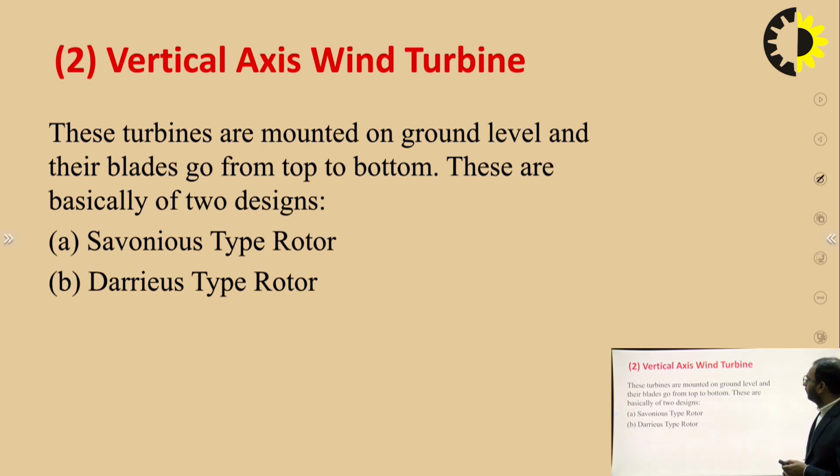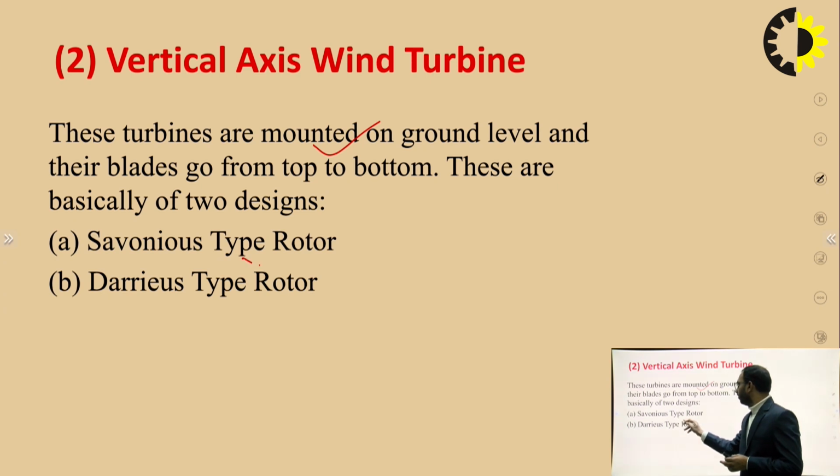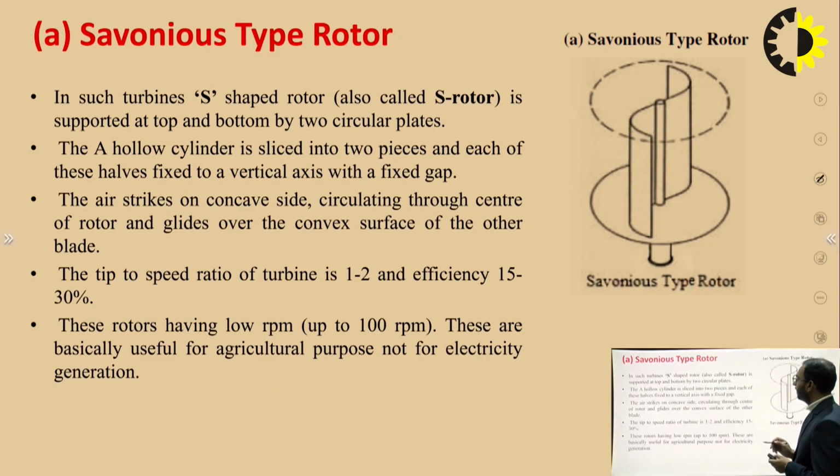Then what is a vertical axis wind turbine? Basically, these turbines are mounted at ground level, and their blades go from top to bottom, and these are basically of two designs: Savonius type rotor and Darrieus type rotor. In the Savonius type rotor, this is the pictorial representation.